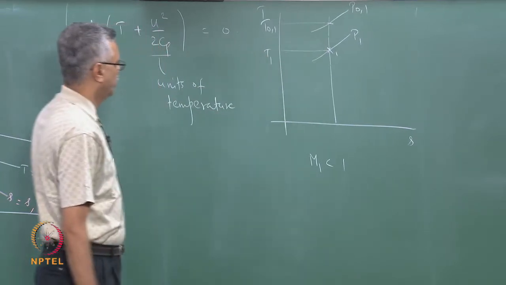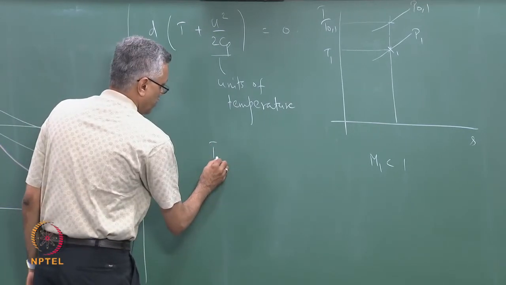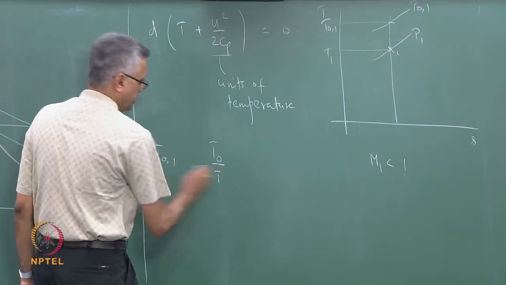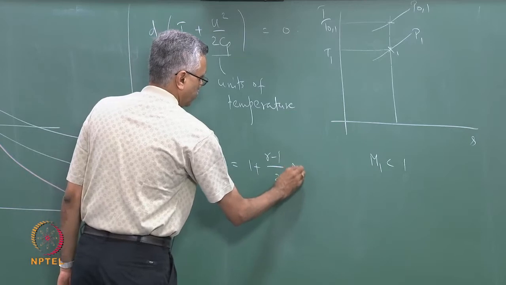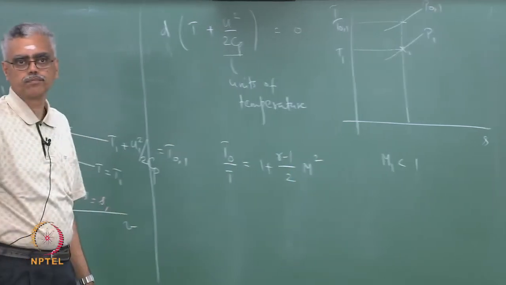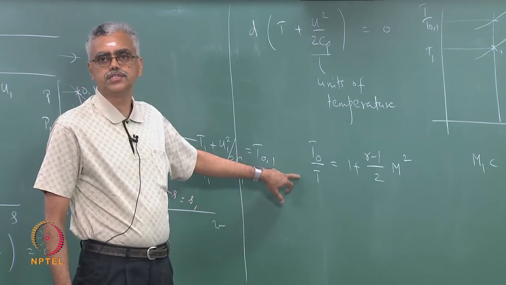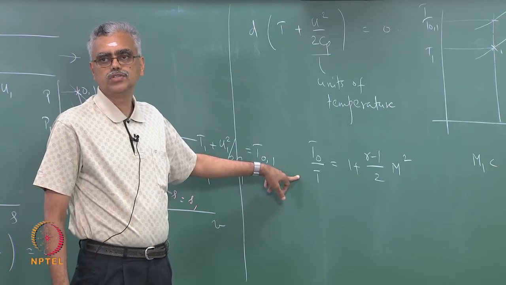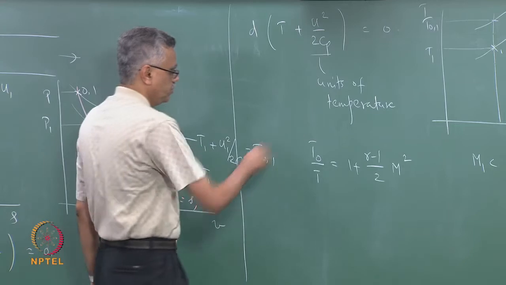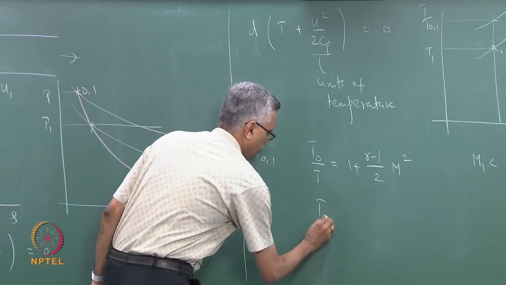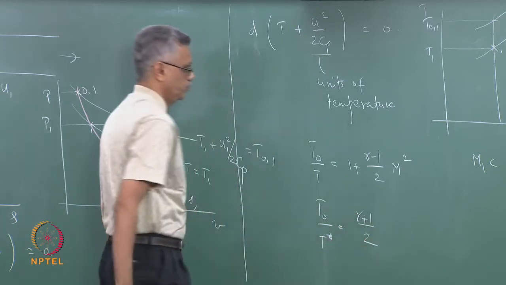Now if you remember, we wrote down the definition for stagnation temperature as follows: T0 over T in a general case is equal to 1 plus gamma minus 1 over 2 times M square, correct. Now if I know T0, I can evaluate T star from this, right. What is M corresponding to T star, the sonic state? M is equal to 1. So I substitute M equal to 1, and this expression gives me T0 over T star is equal to gamma plus 1 over 2.